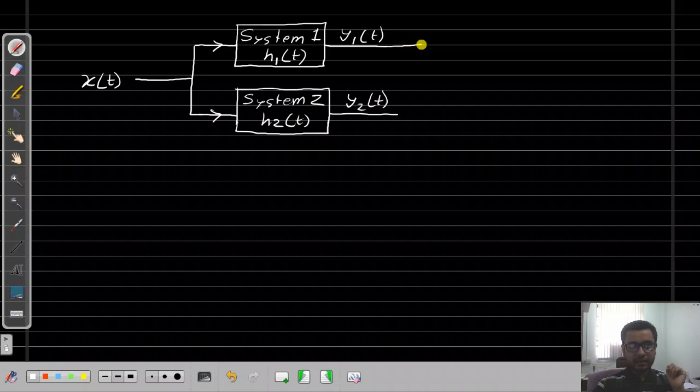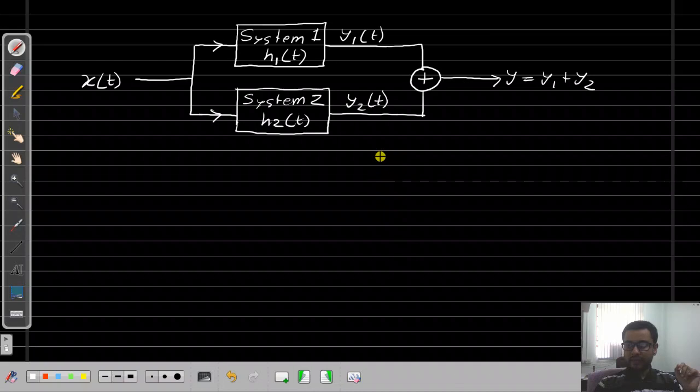Then I shall take the sum of these two outputs, somehow I will add these two, and this will be my final output, which is the sum y1 plus y2.